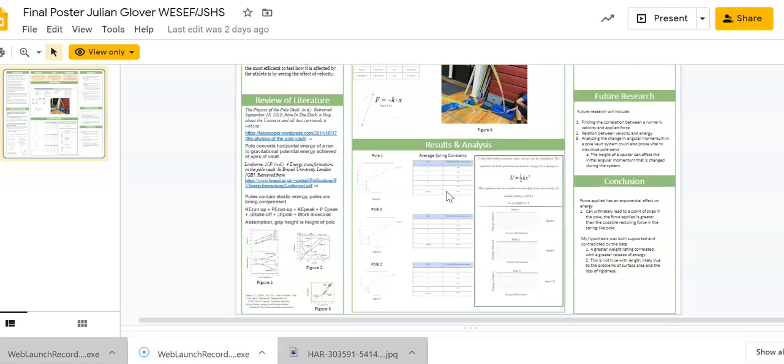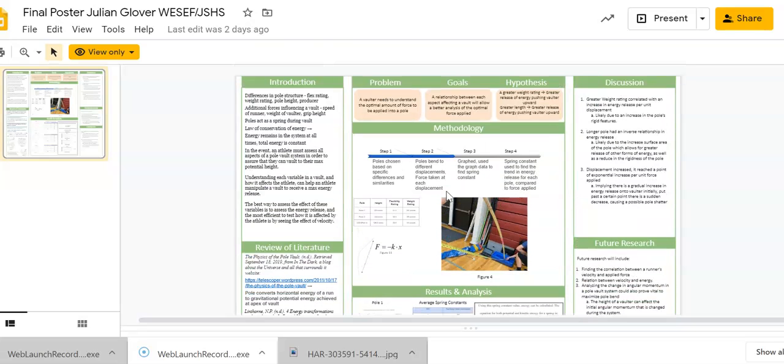And a paper about the energy transformations of pole vault, by M.P. Linthorne, talks about how poles contain elastic energy as they are being compressed, and again talks about the law of conservation of momentum, that they have equal momentum before and after, or of energy as well.